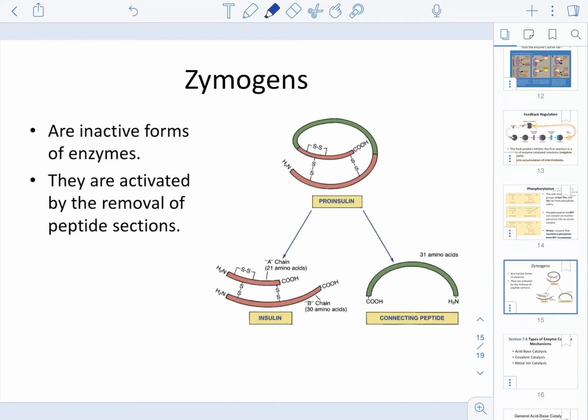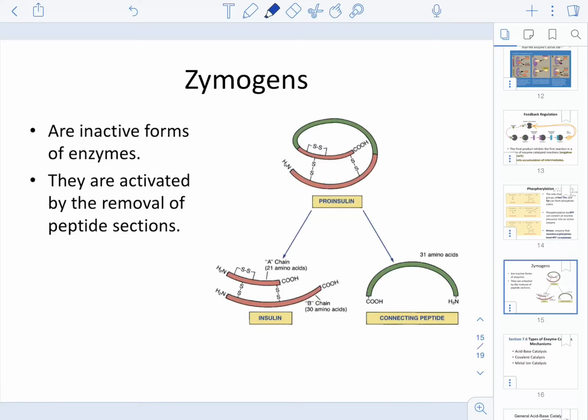The next type of regulation is going to be zymogens. So understand that there's at times enzymes that are going to be controlling how we activate certain molecules or certain proteins in the body. Just to give you guys an example of something that is being controlled by enzyme activity, the production of insulin is a type of protein that is controlled by zymogens. Understand that zymogens need a biochemical change in order to now be active.